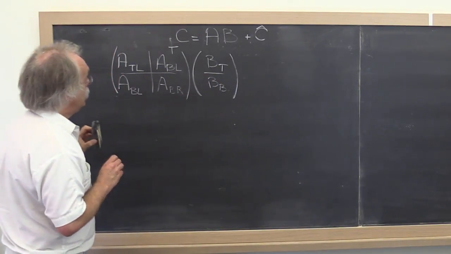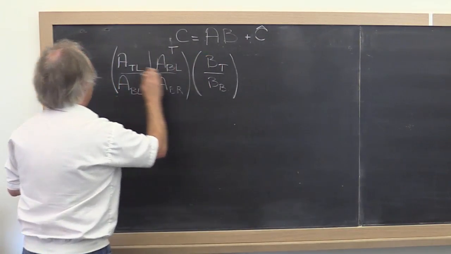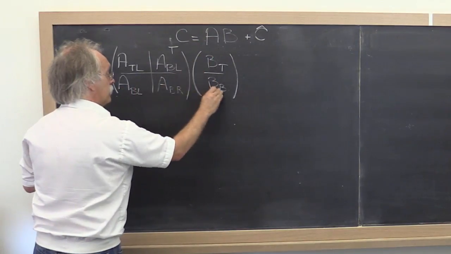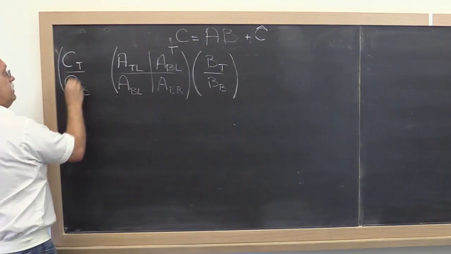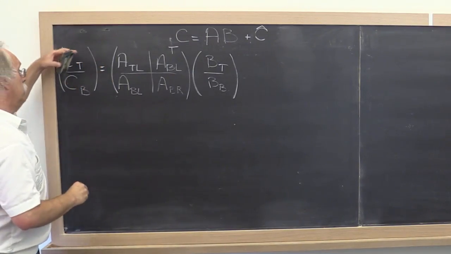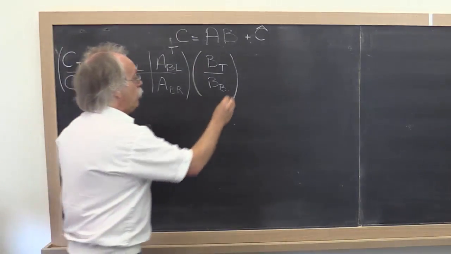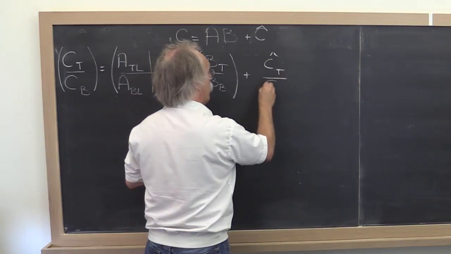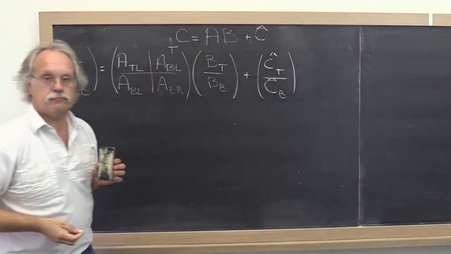Now notice that when you do this times that plus this times that, you end up with a top part. And this times that plus this times that gives you a bottom part. So that tells us that C must be partitioned into a top part and a bottom part. And that of course means that C hat should be partitioned into a top part and a bottom part as well.